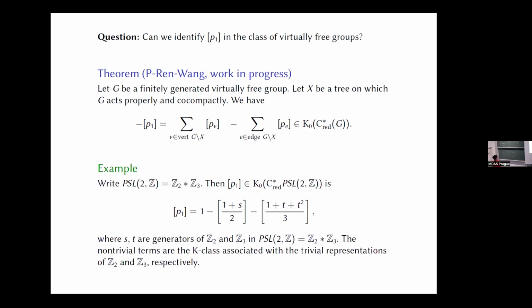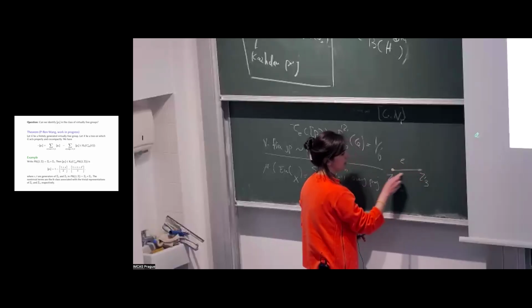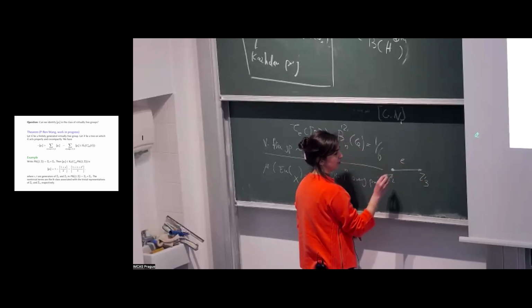So let's look back at the example of PSL2Z. One way to describe it is as a free product of Z mod 2 with Z mod 3. In this case, the fundamental domain of the Bass-Serre tree associated with PSL2Z is just an edge. This is Z mod 2, this is Z mod 3, and the edge is labeled by the identity subgroup.